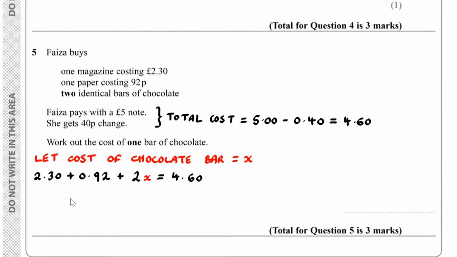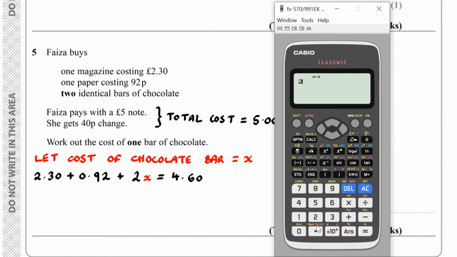So we've got £2.30 plus 92p, that's £3.22 plus 2x equals £4.60.